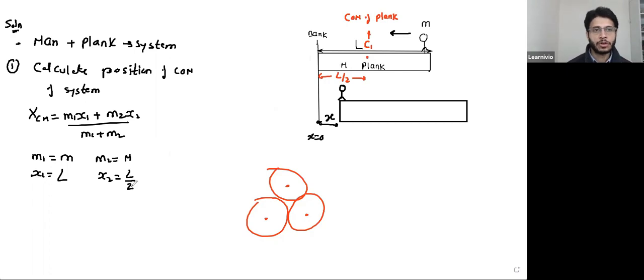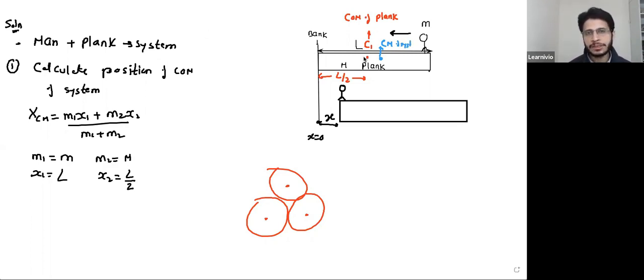Okay. Now I need the center of mass of not just the plank, but the plank and the mass m of the man. So somewhere here, the center of mass of the system will lie. This blue point is the center of mass of the system. Which system? Man plus plank.